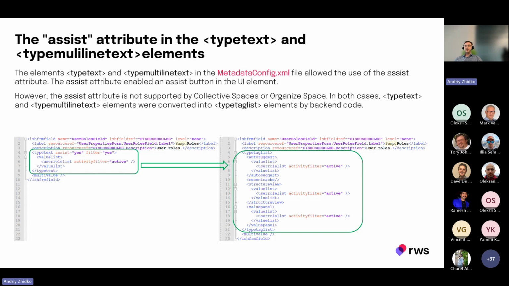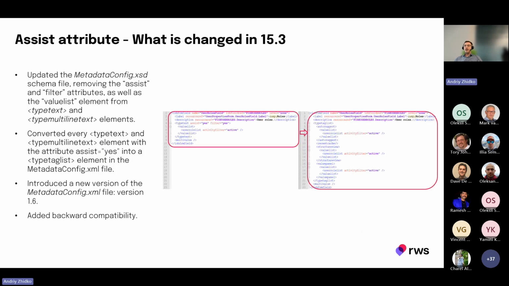So as part of Tridion Docs 15.3, we decided to align the configuration across all client applications. In the context of the 15.3 release, we updated the XSD file for metadata config XML and removed the assist and filter attributes as well as the value list element from type text and type multi-line text elements.